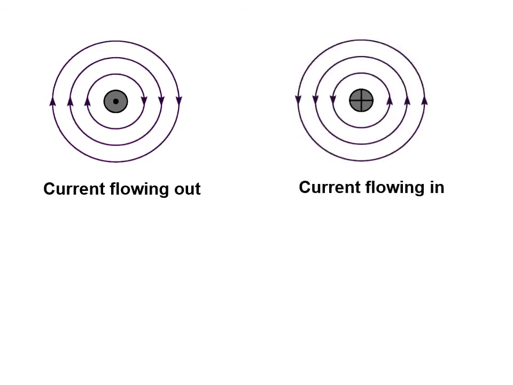A circle with a cross in it, or a plus sign, would indicate that the current is flowing away from you, or into the paper. Taking your left hand and pointing your thumb towards the surface, your fingers would then indicate that the magnetic lines of flux would set up in a counterclockwise direction.